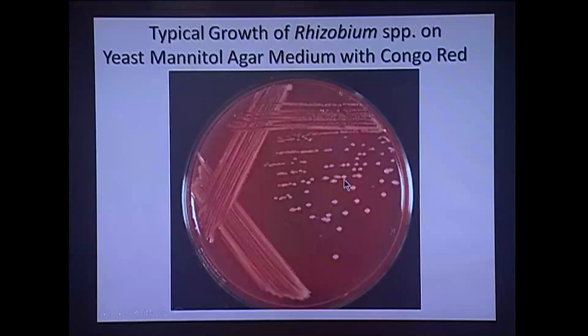So if you find very light pinkish or whitish colonies on a plate like this, they are of Rhizobium. While if you have dark pink stained or reddish colonies, those are of other organisms and not Rhizobium.